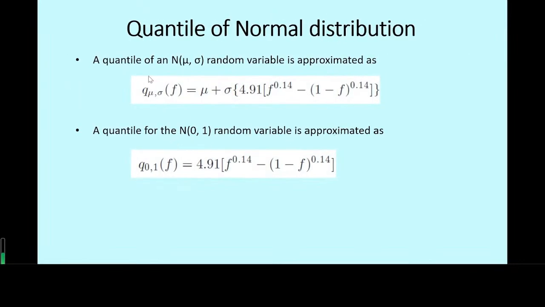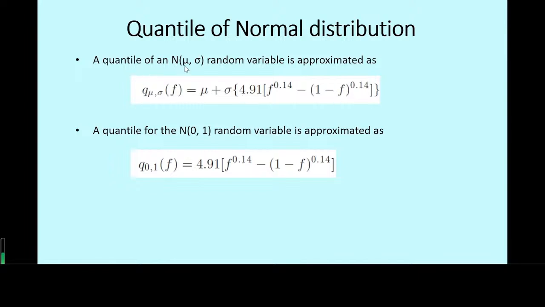So what is the quantile of a normal random variable? If we have the fraction number from 0, 0.1, 0.2, and so on to 1, this represents the cumulative probability, or the fraction of the observations, a fraction of the random numbers.